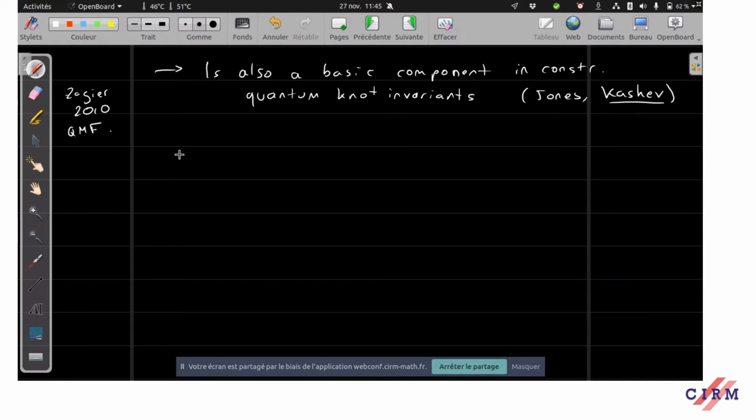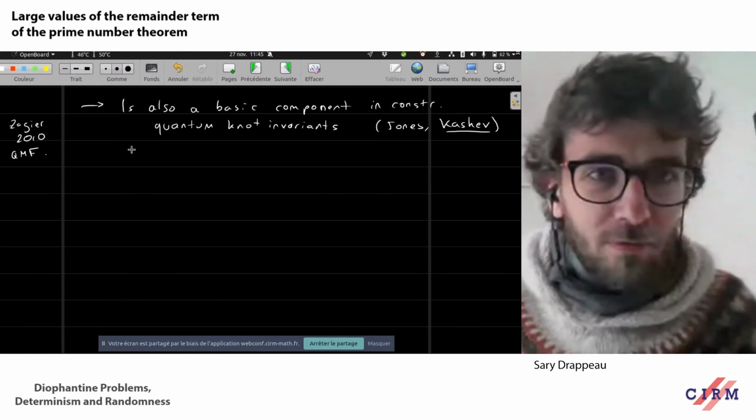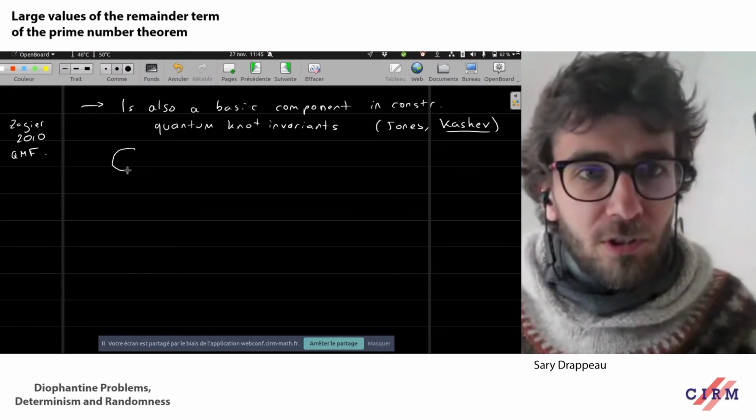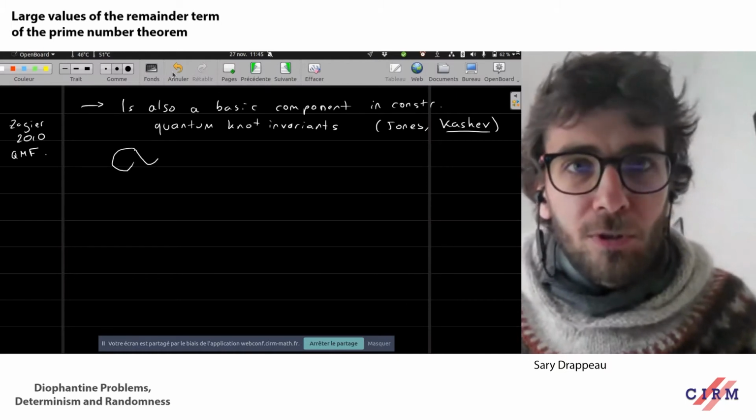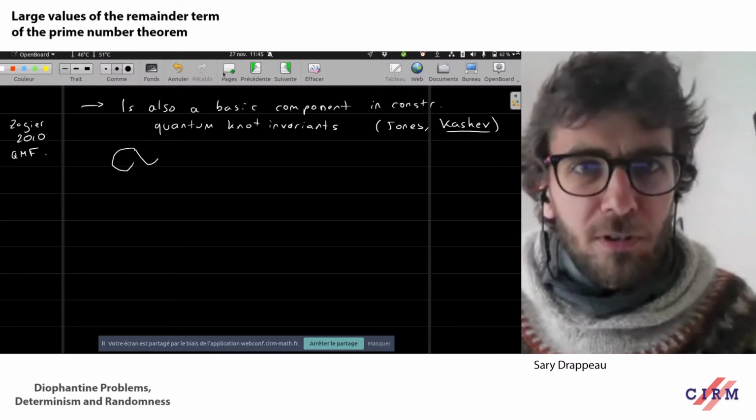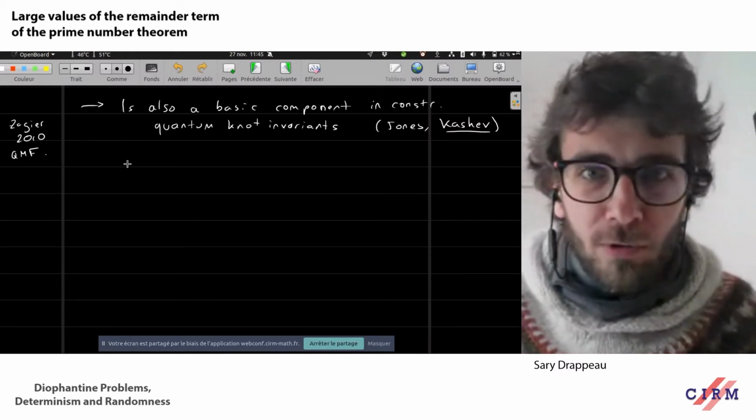I won't try to draw a knot, because this is for knot theory people. I would fail miserably, but a knot is a diagram with some crossings. It's a knot in 3 dimensions, but you can represent it in 2 dimensions. It depends on skills which I don't have here.